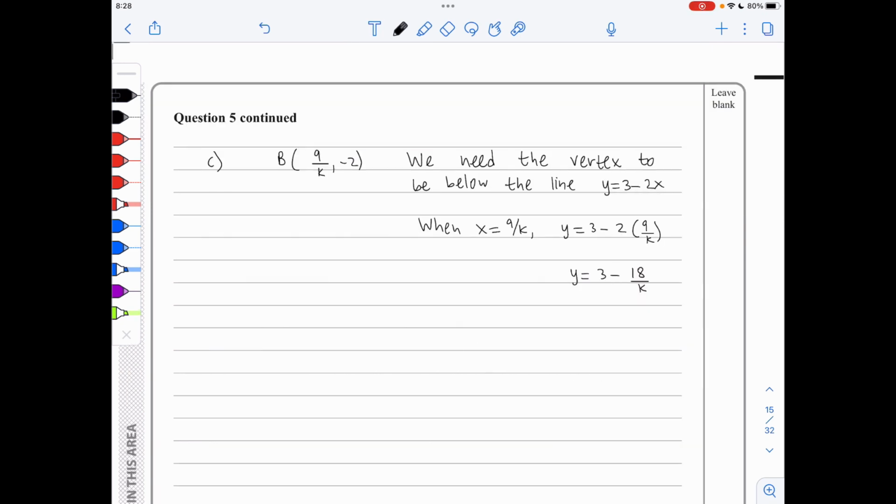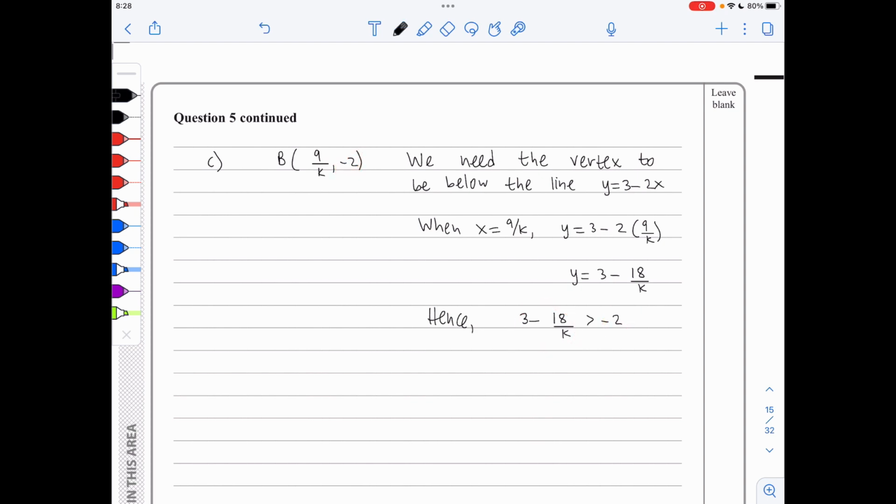And we want the vertex, the negative 2, to be below the y value. So this means that we want 3 minus 18 over k to be greater than negative 2. So we are forcing the vertex, the B, to be below the line.